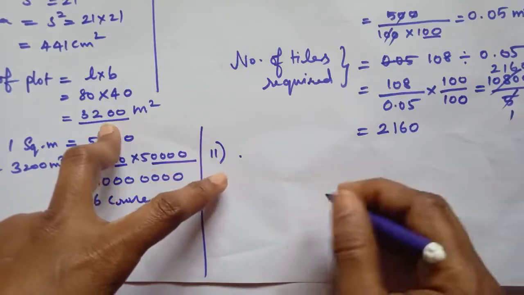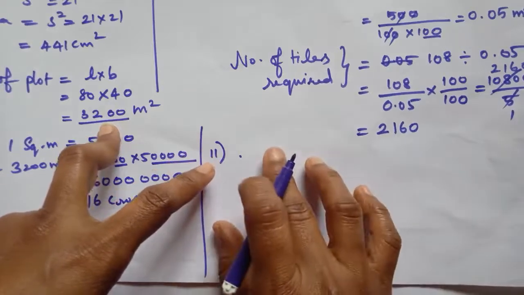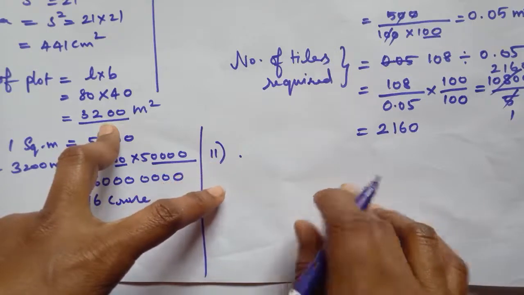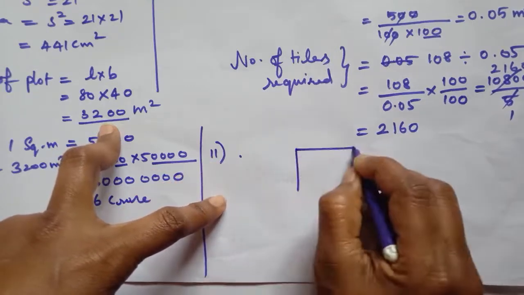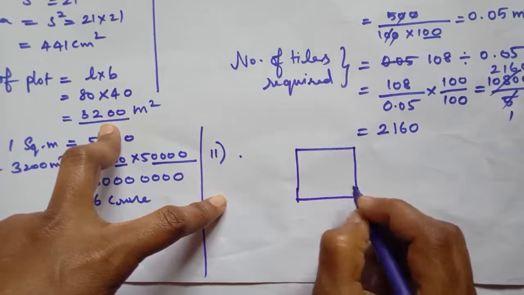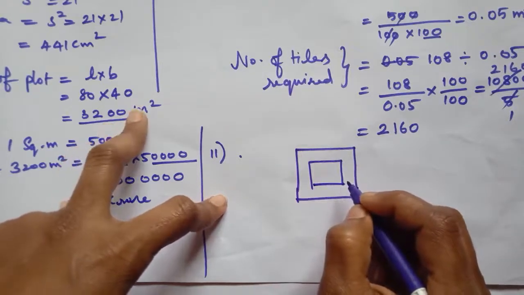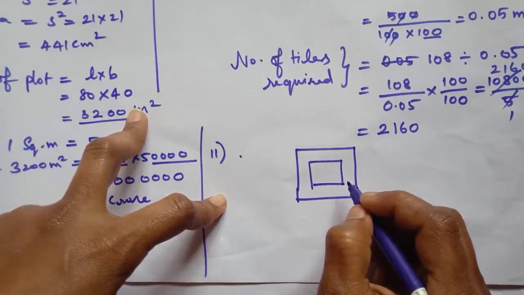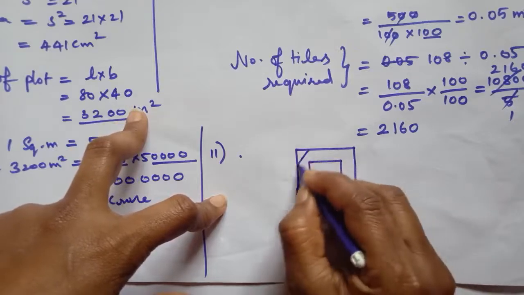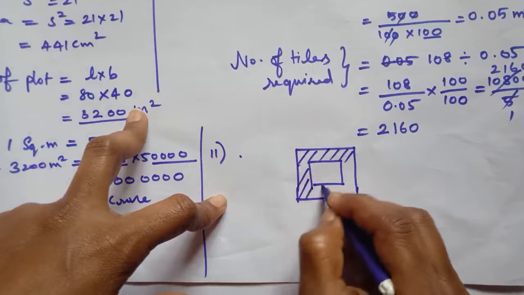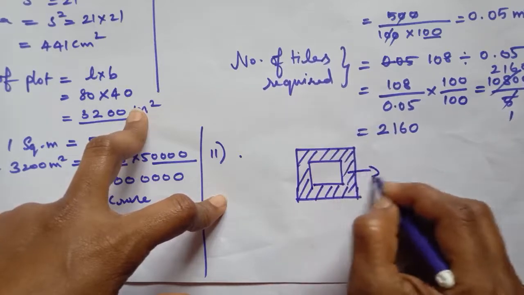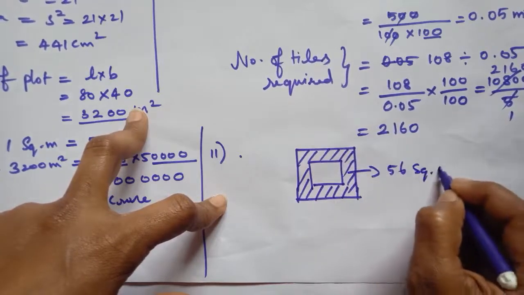First you should understand the question, then only you can do the steps easily. Consider the shape. The area of the shaded region is 56 square centimeter.